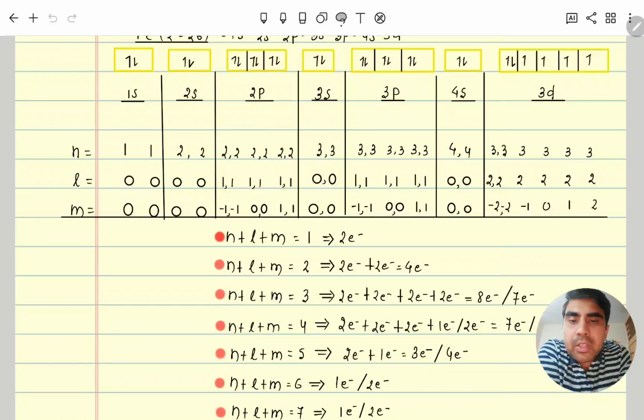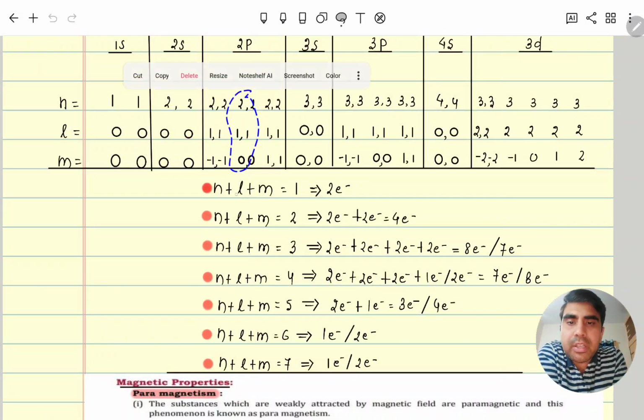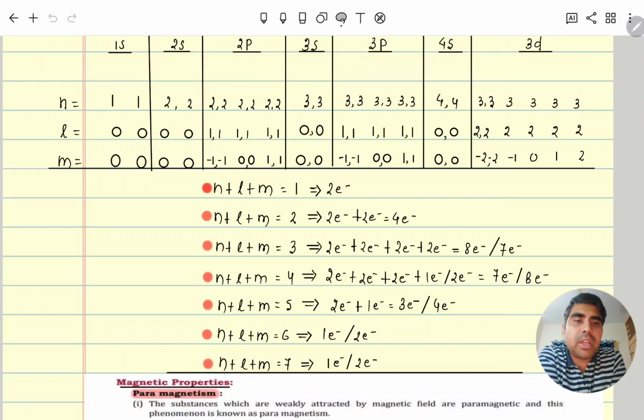Similarly, n plus l plus m equal to 3. Here this one is 3, this one is 3, and this one is also 3, and here also.